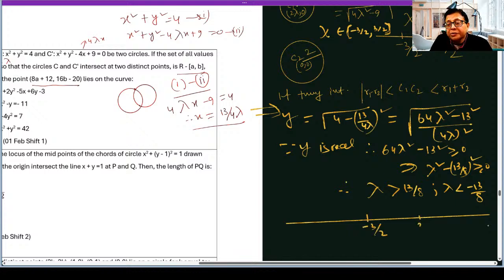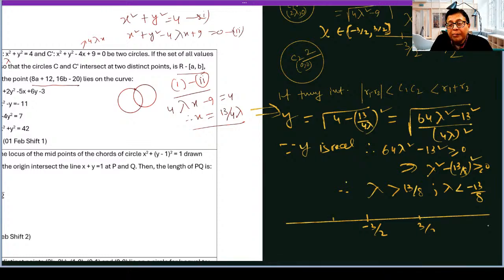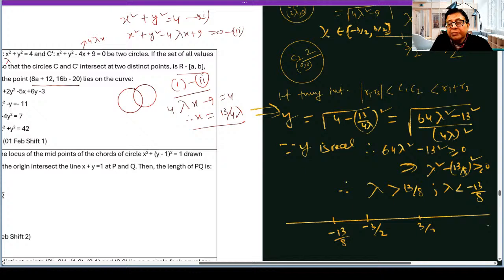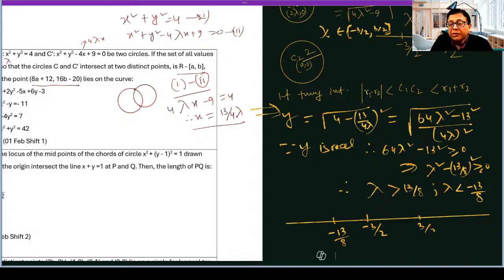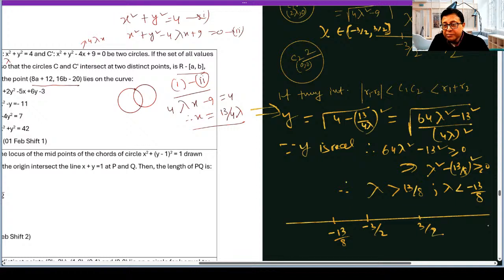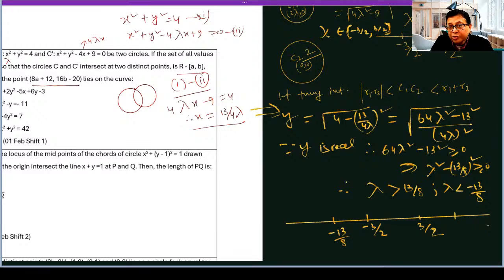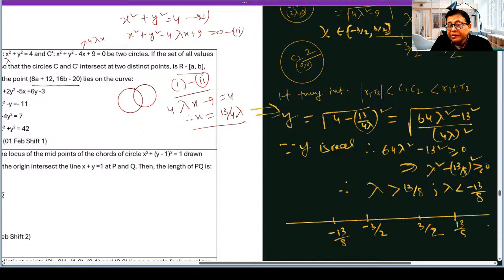Minus 3 by 2, 3 by 2 here. Minus 13 by 8. Check which one larger. 3 by 2 larger or 13 by 8 larger? 3 by 2 means 1.5. This is a bit larger. So 13 by 8 will be there.